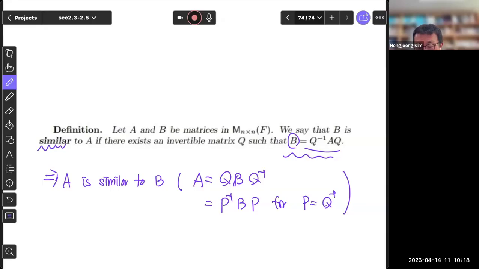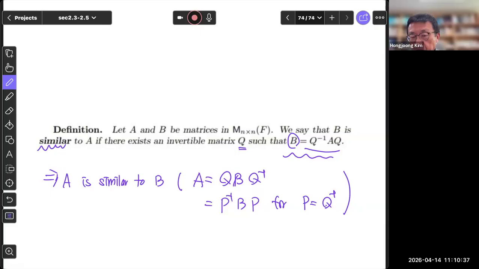So if B is similar to A, then A is similar to B, so that we say A and B are similar to each other. So similarity between two matrices implies that there exists a certain invertible matrix Q.